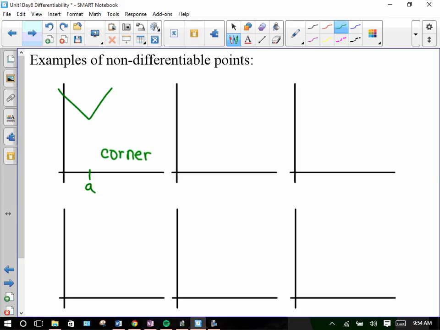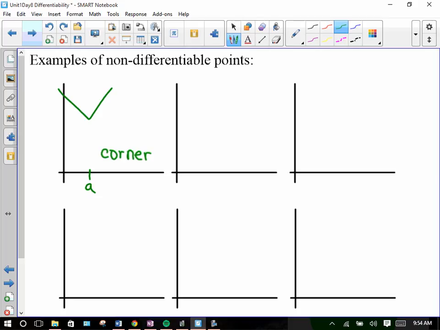If you recognize it, this is probably some form of an absolute value function. If you look at the slope on the left-hand side, we said the slope on the left and the slope on the right must be equal in order for this to be differentiable.